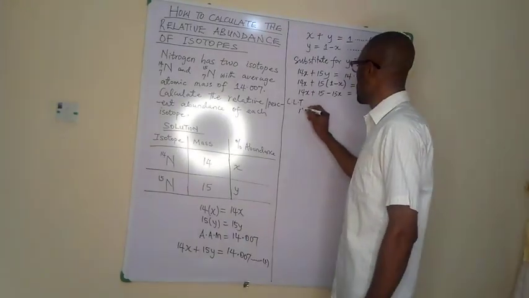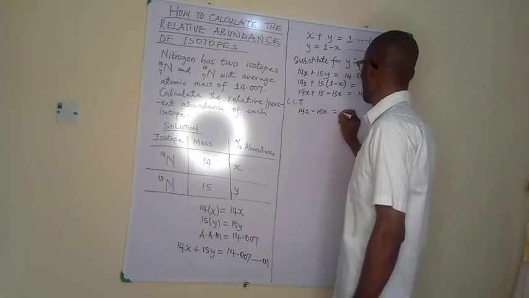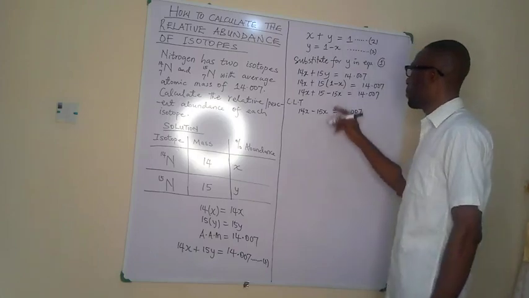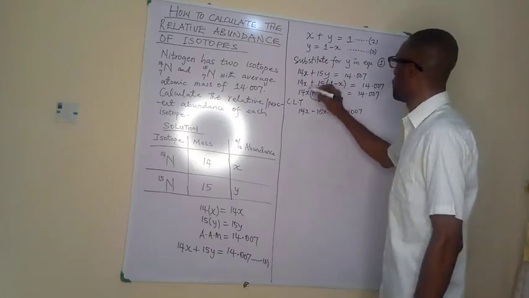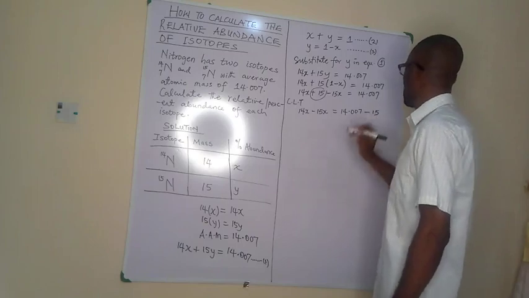In doing that, 14x minus 15x is equal to 14.007, plus 15, crossing the sign of equality becomes minus 15.